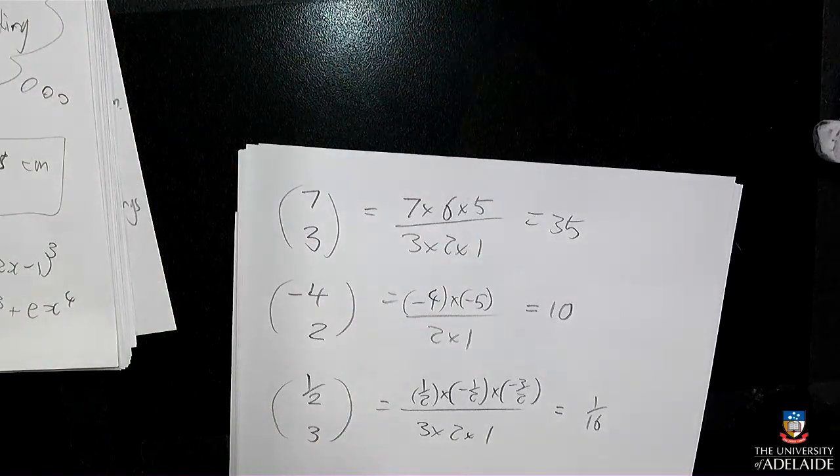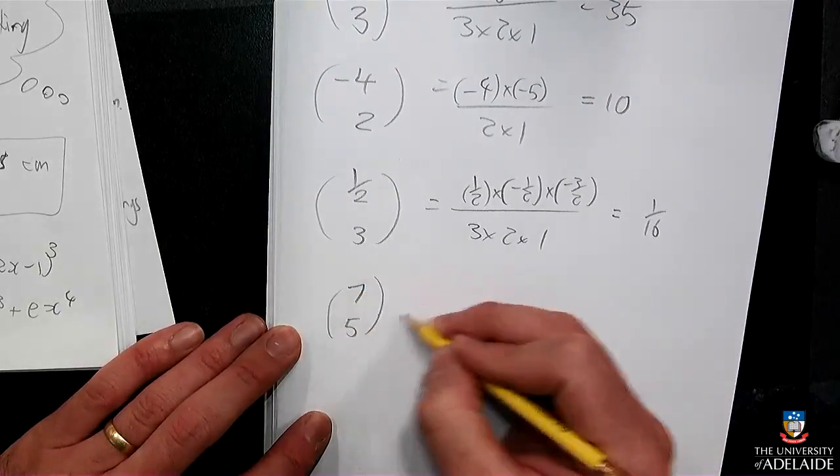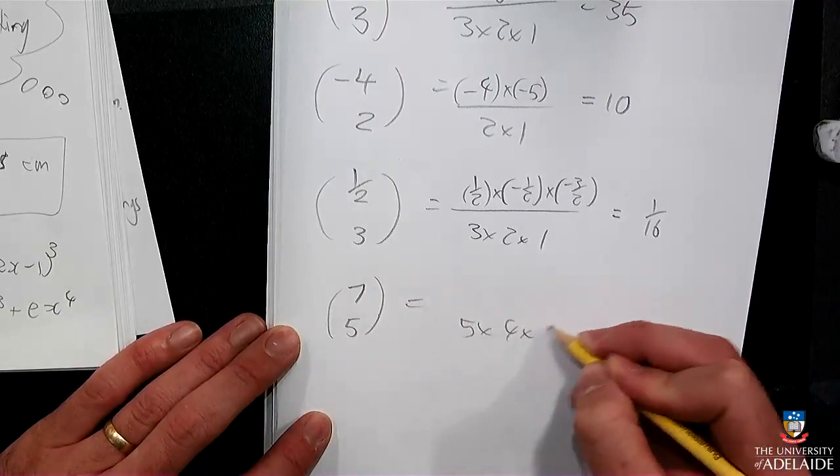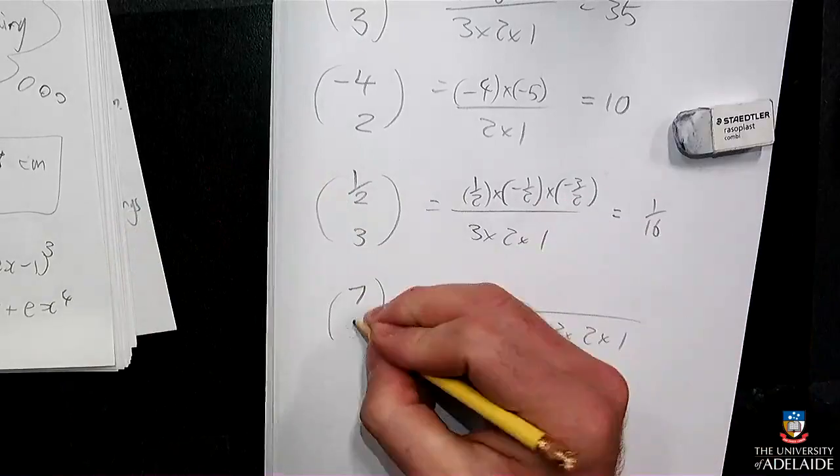7 choose 4 would be the same answer as 7 choose 3. No, I need to do 4 because I'm trying to make a point.